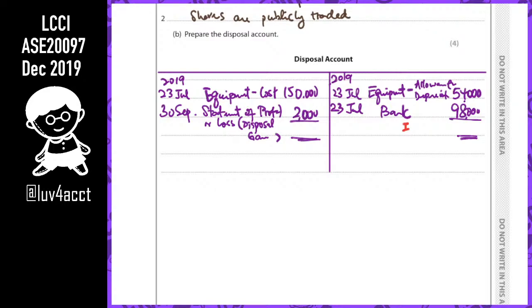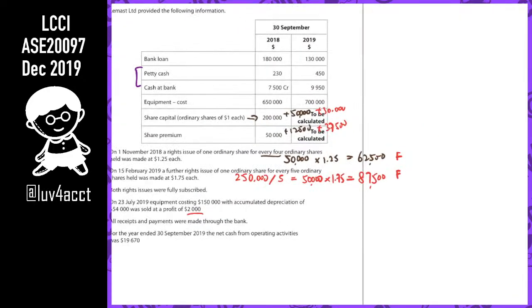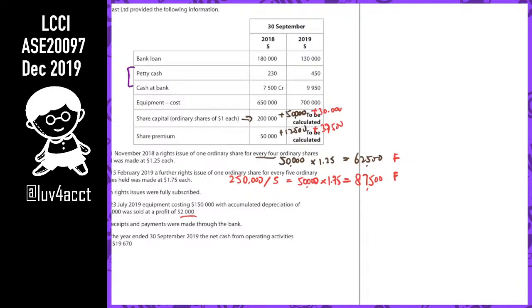If we are not working out the disposal account, I will still work out this format here. The proceeds, less the cost, less the accumulated depreciation.